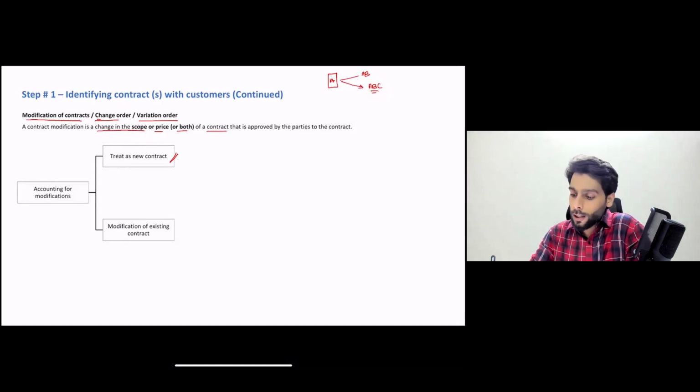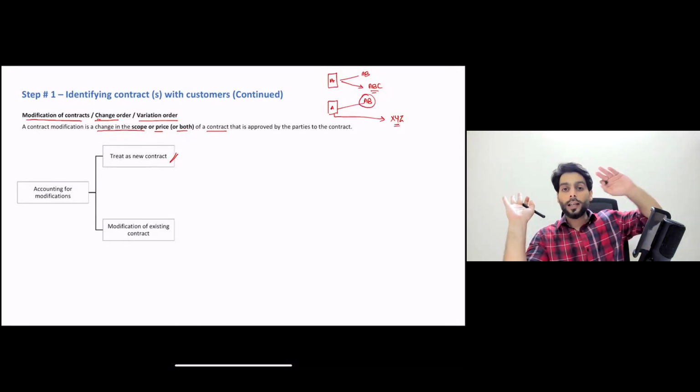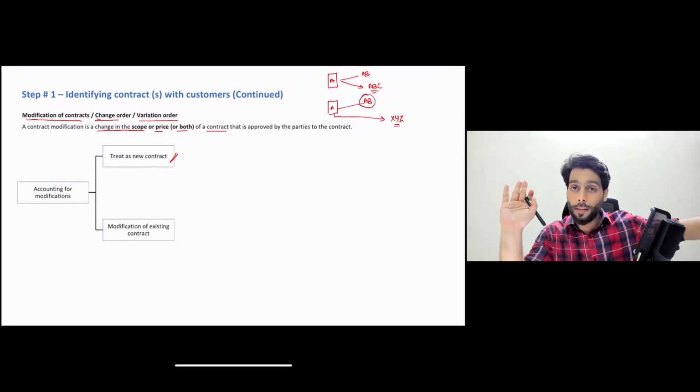For example, you had a contract with your customer whose name is A. You had to deliver AB, and now your customer, by looking at your commitment, your quality and everything, also wants you to deliver XYZ. Now, for example, this XYZ has no relation to AB. AB is something else. You have to deliver that AB as well.